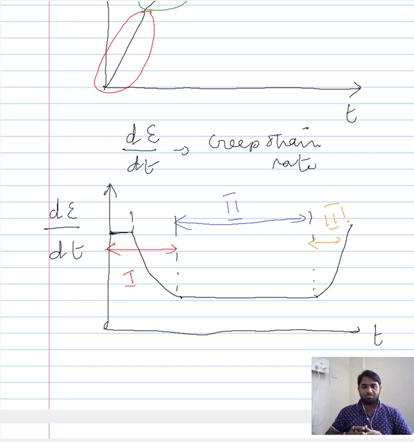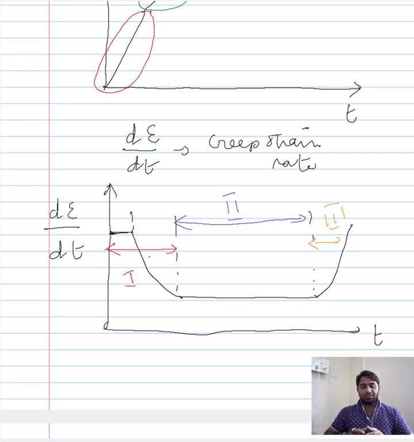They can be plotted in this manner, and they can be categorized into separate stages depending on the material, meaning if your material is instantaneous, meaning the time taken for the instantaneous strain is quite low, then you will not have much of this constant region here, and ultimately your stage 1 will be the transient creep, wherein the creep rate is gradually decreasing, and the second stage would be exclusively steady state creep, wherein the creep rate is more or less constant, and finally the third region would be accelerating creep, wherein the creep rate is continuously increasing.